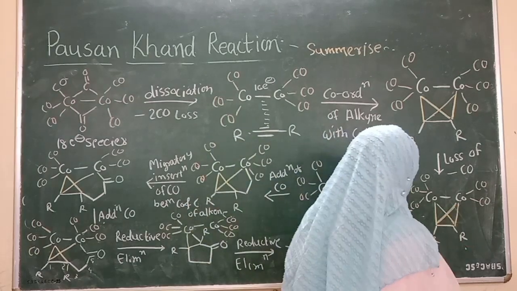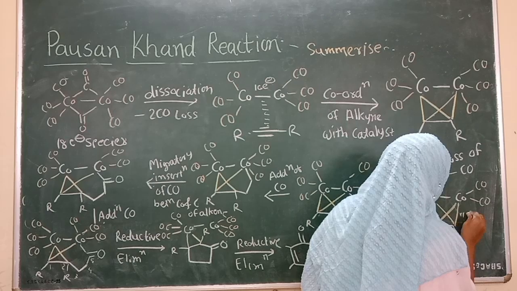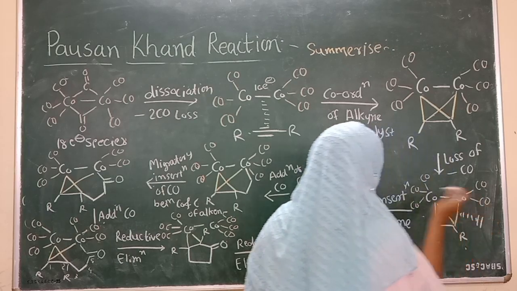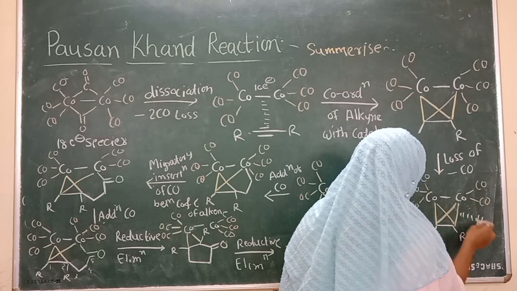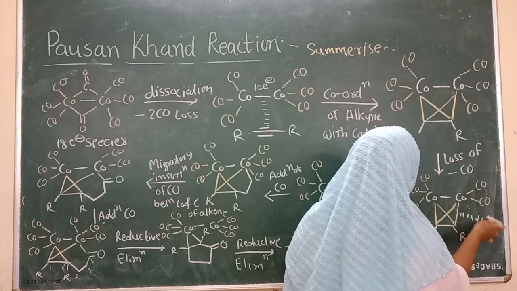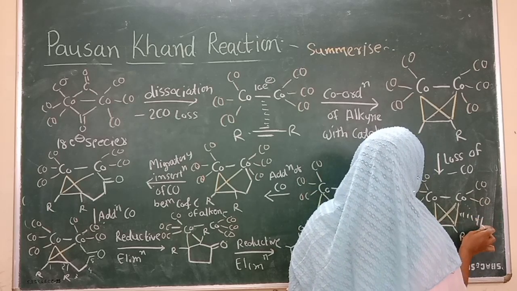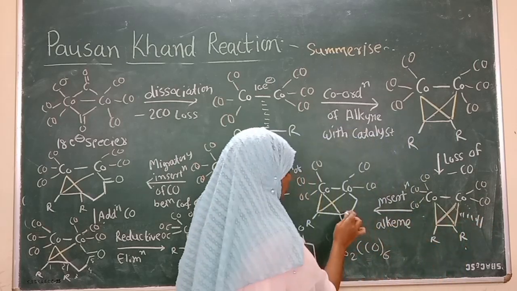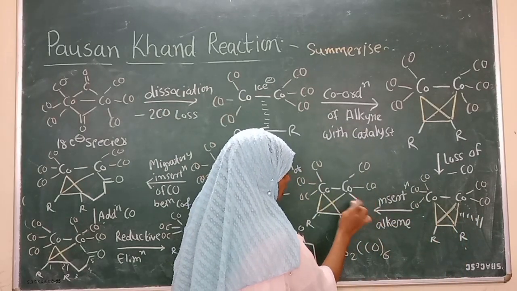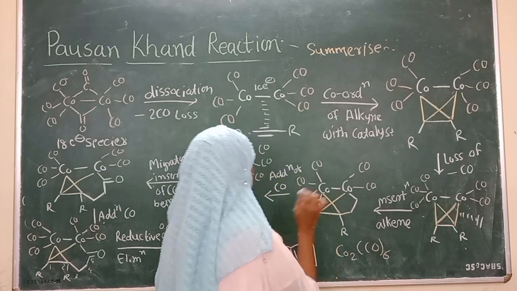Here this bond will break, and the alkene inserts. This cobalt forms a new bond with this alkene carbon, and this alkene carbon forms a new bond with the alkyne. Here this alkene is the new addition.